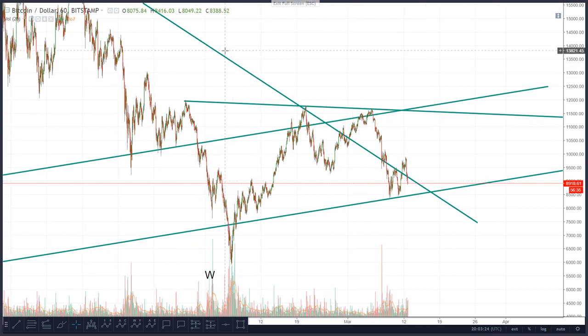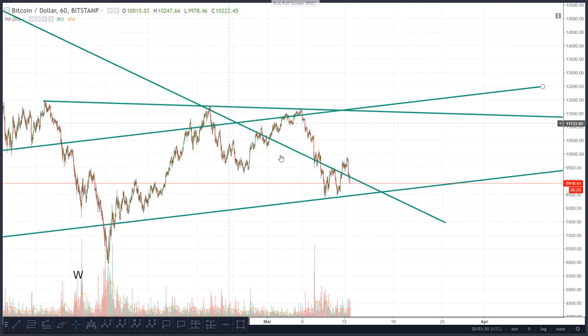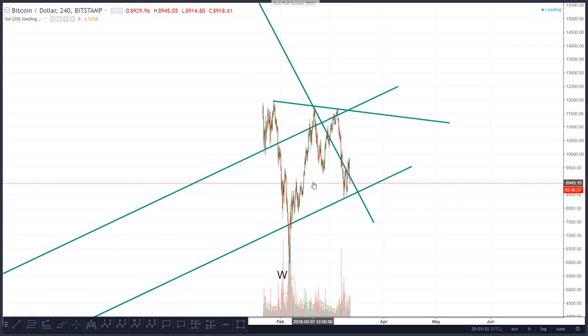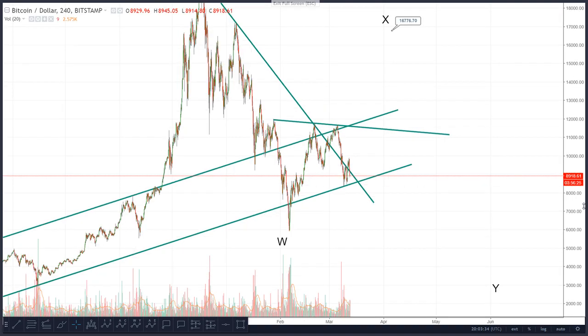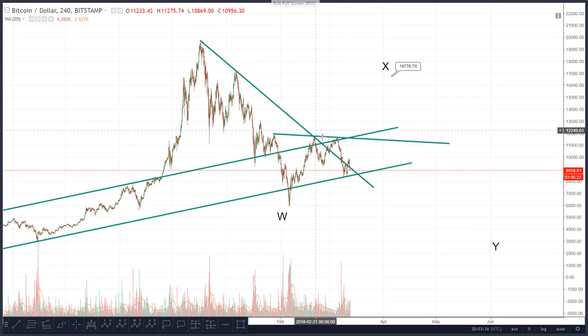This diagonal line, this is the line that was connecting all the highs. Let me just confirm that line on the 4 hourly. It's this line I'm referring to right here.